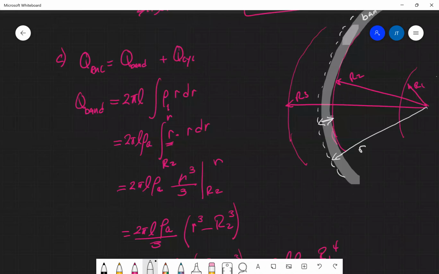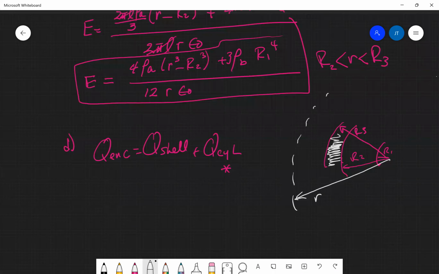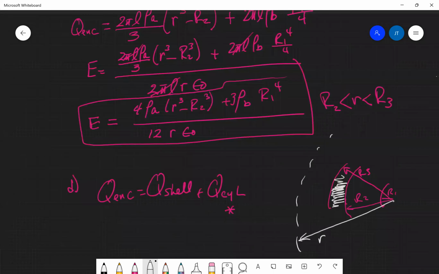But again, I want to only count the charges that contribute, or the area or the geometry that contributes to the total charge. When I was computing the band, I went from the edge of the shell down here to where my Gaussian surface is. But right now, since my Gaussian surface is outside the shell, I can only go to the edge of the shell. I cannot go beyond it.